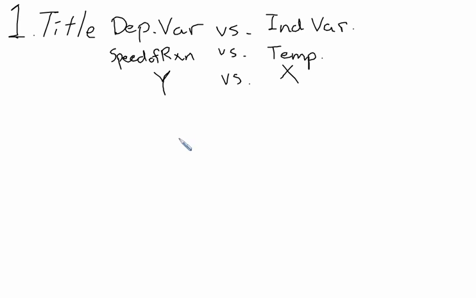So let's create a quick little graph here so we can point out the finer points of making a graph. I'm going to call this point 0. Now, let's create a couple of things that all graphs must have.